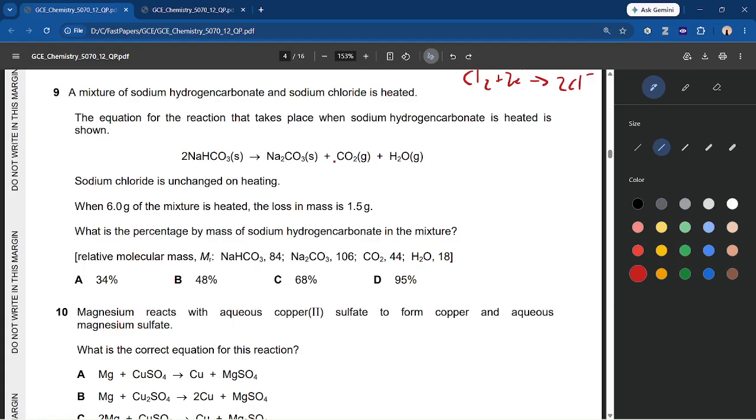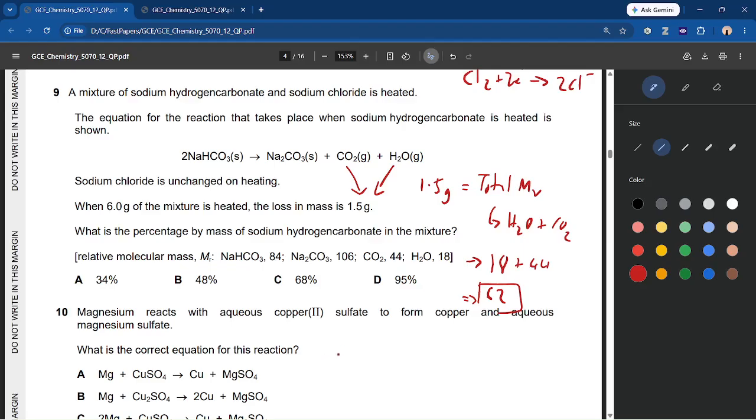So the trick for this question is realizing that the loss in mass is due to both carbon dioxide and water. So this 1.5 grams has a total Mr of both H2O plus CO2. So when you're calculating the Mr, it's going to be 18 plus 44, which gives you a total Mr of 62.